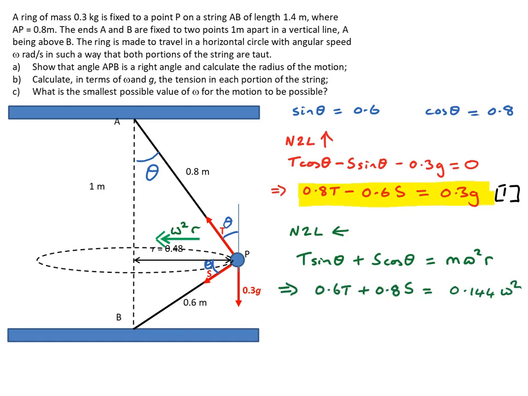So we've got 0.6T plus 0.8S must be 0.144 omega squared. So we now have a pair of simultaneous equations for the motion.